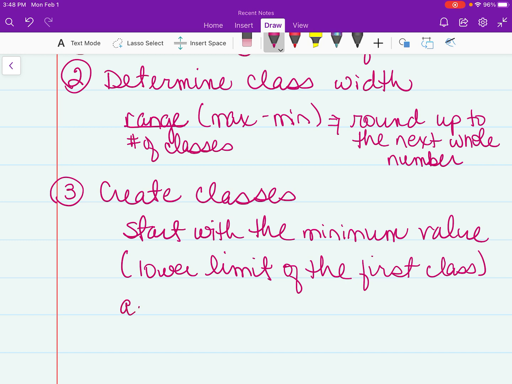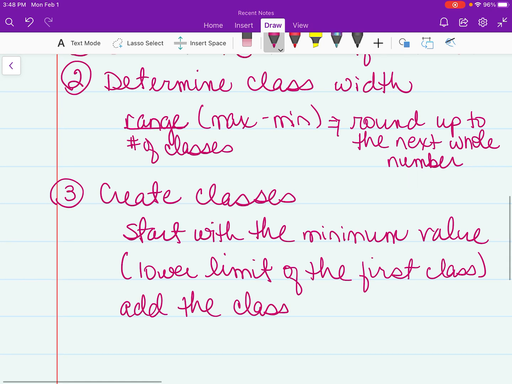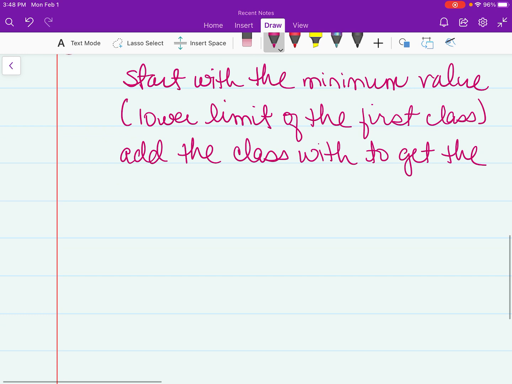Then you will add the class width to get the next class lower limit.